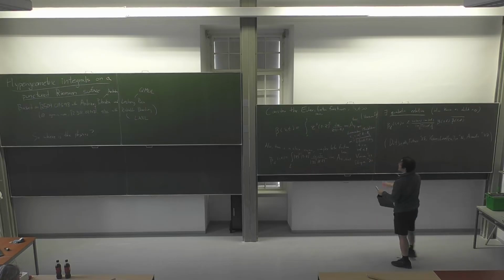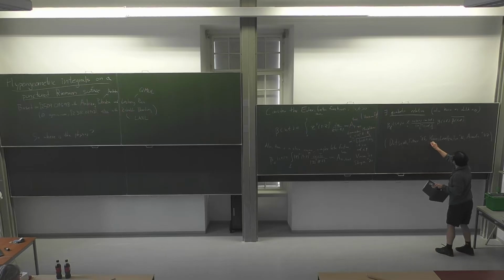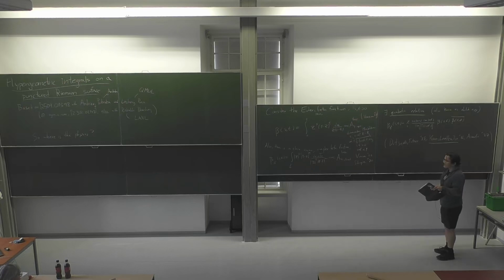But isn't this really cool? This is how Kawai, Lewellen and Tye arrived at this, because they were playing around with this Virasoro-Shapiro amplitude and then discovered that you can write it as a bilinear combination of open string amplitudes.